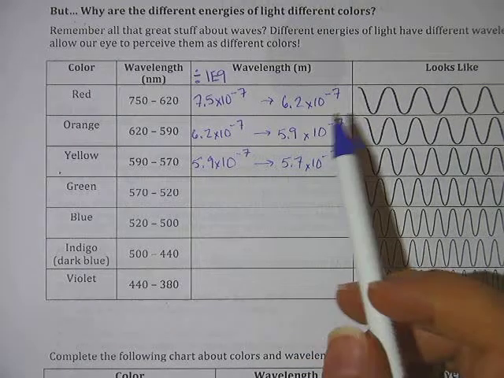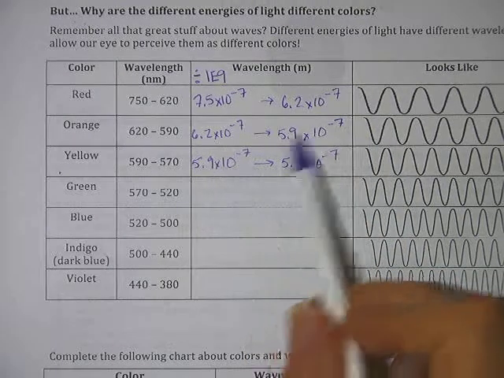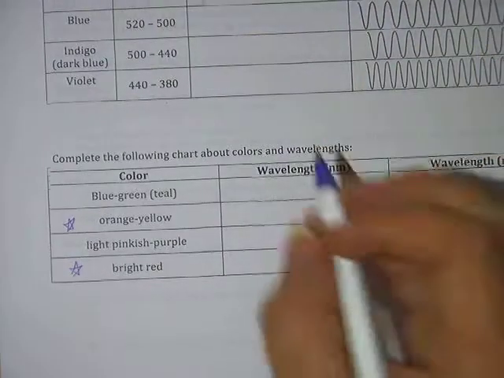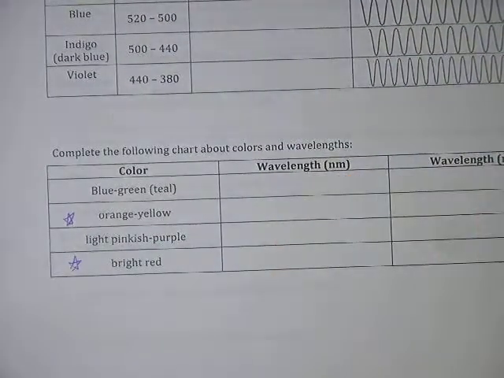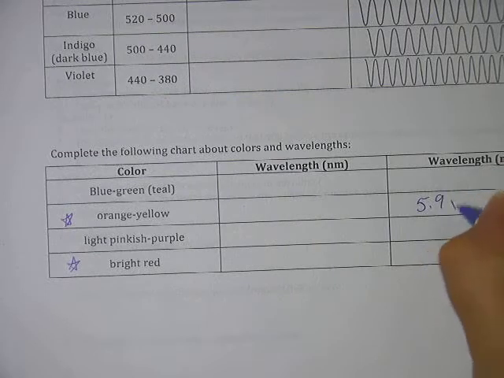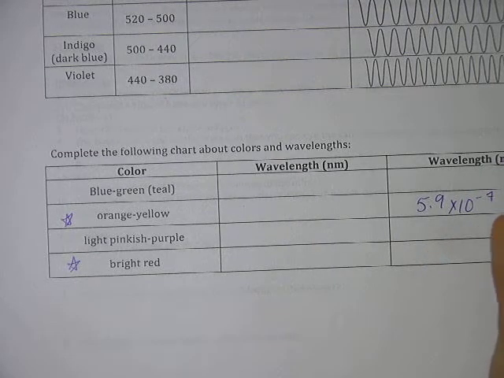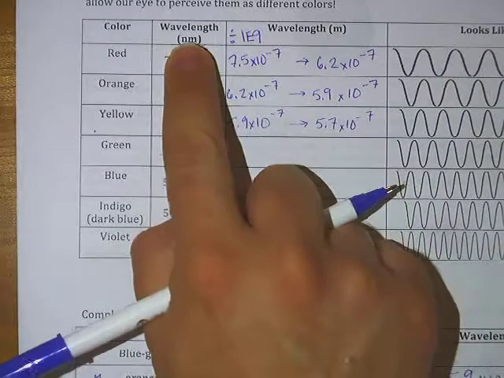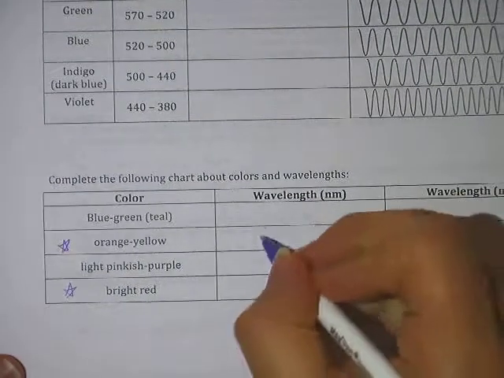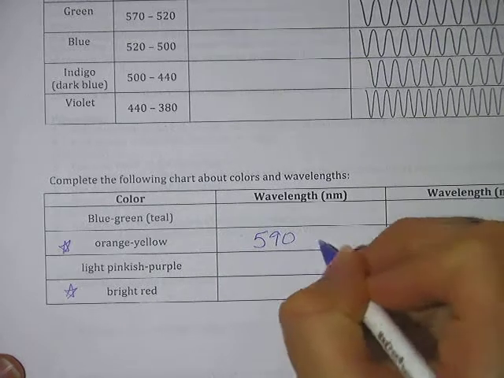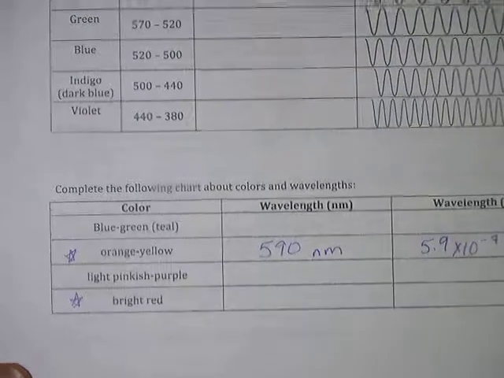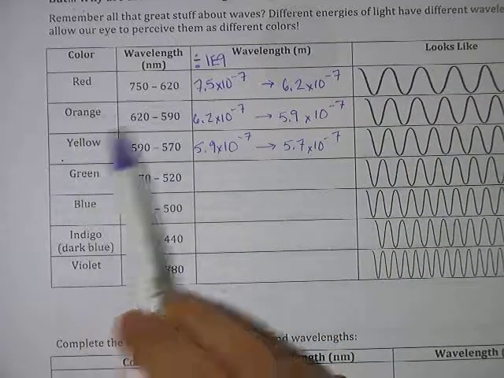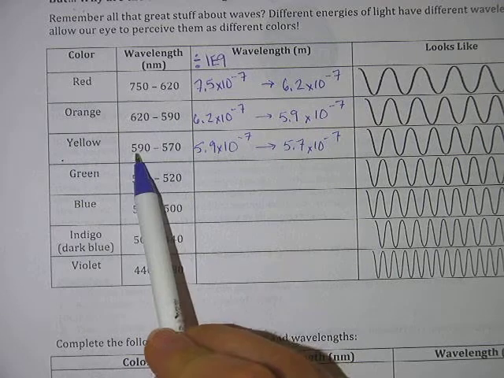So we can estimate that the wavelength of the light you saw was about 5.9 times 10 to the negative 7 meters, or 590 nanometers. And I'm literally just taking that from the chart and looking at where this range overlaps.